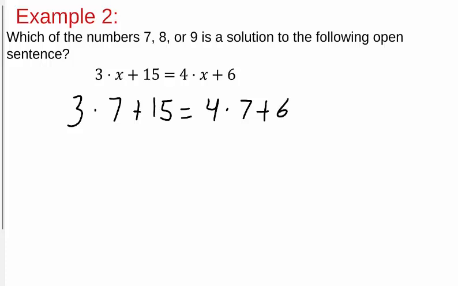Now, we've got to remember our order of operations, which we'll look at on a following slide, but just remember, parentheses. You know what? I'm going to write this a little bit easier for us right now. Parentheses, exponents, then multiplication and division, going this way, whatever we see first, and then addition and subtraction, whatever we see first.